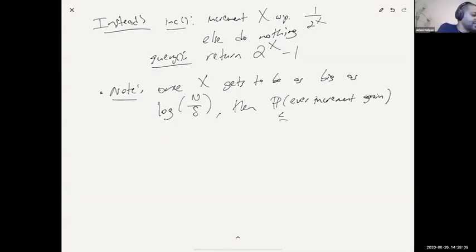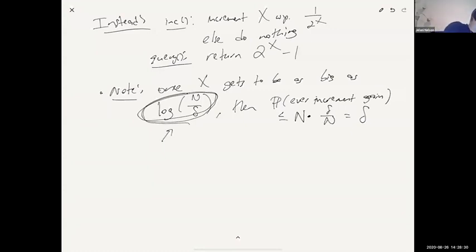Let's say n is the final value of the counter. There are at most n increments remaining, and the probability that I increment in any of them is 1 over 2 to the x, which is delta over n. So this is delta. So with high probability, the counter will never get to be bigger than this, because once I get to this value, it's very unlikely that I'll ever increment it again.